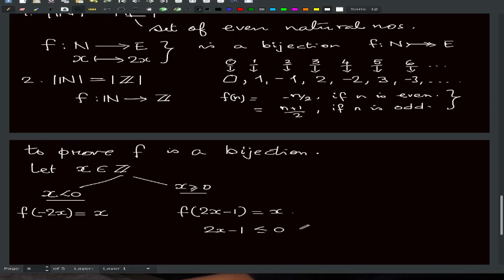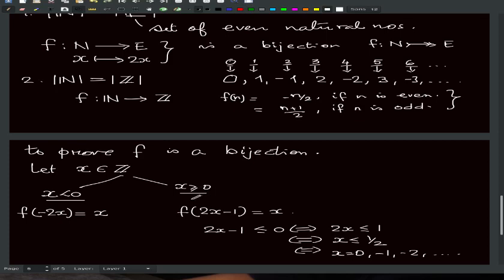This is less than or equal to 0 if and only if 2x is less than or equal to 1, which is only possible if x is less than or equal to half, which means, because x is an integer, that x is 0, minus 1, minus 2, and so on, right? So that's the scenario. But the only possibility is over here for 0. That's the problem.